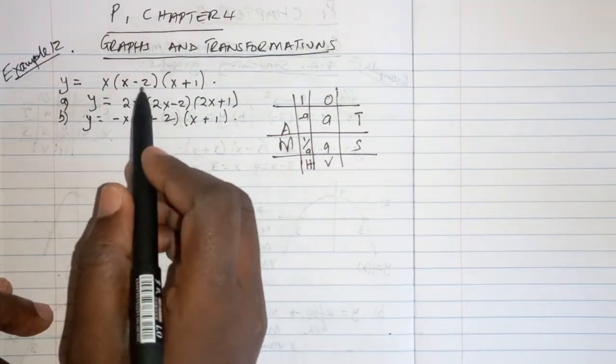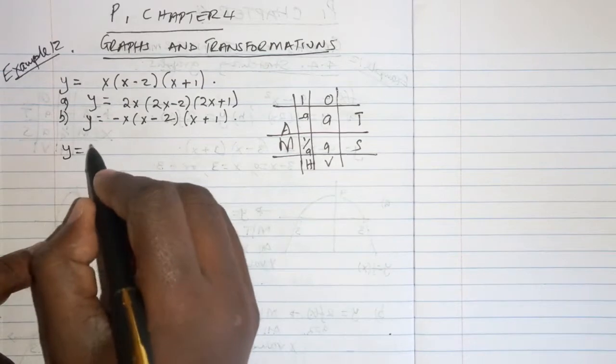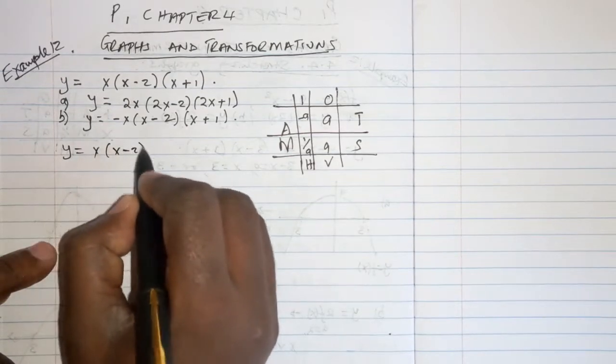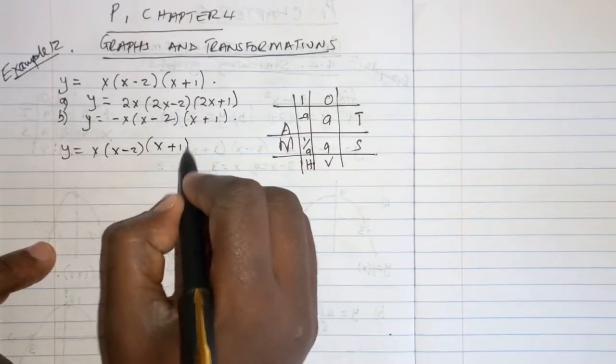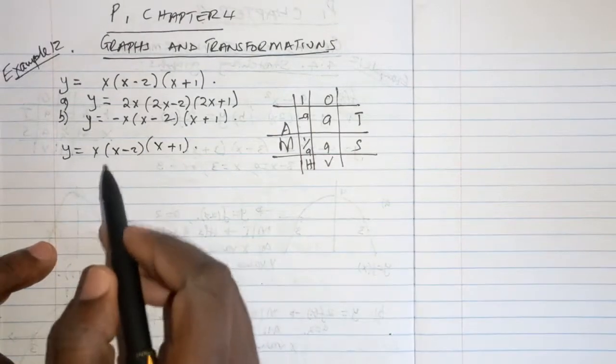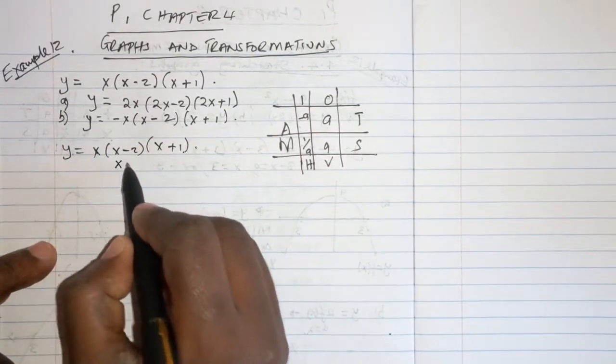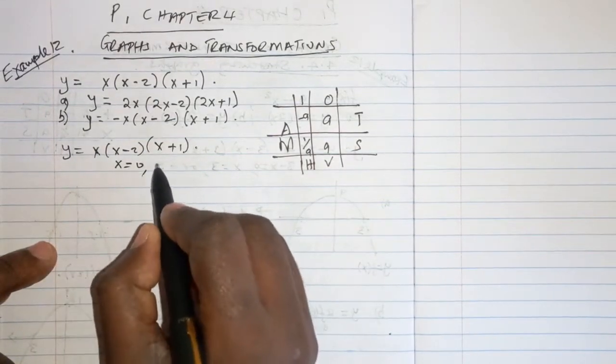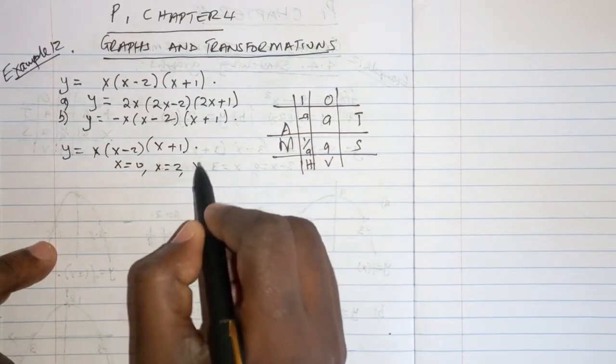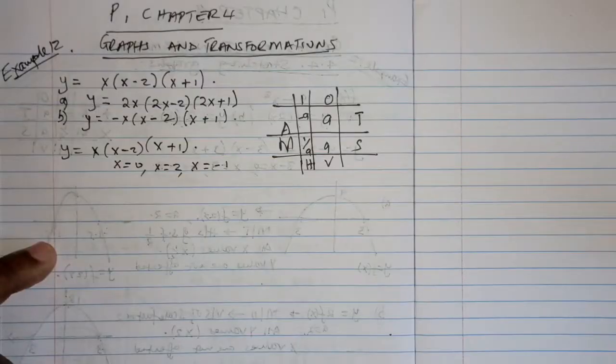Let us talk about the critical values. According to y is equals to x(x minus 2)(x plus 1), it should be very automatic that the critical values are x is equals to 0, x is equals to 2, x is equals to negative 1.